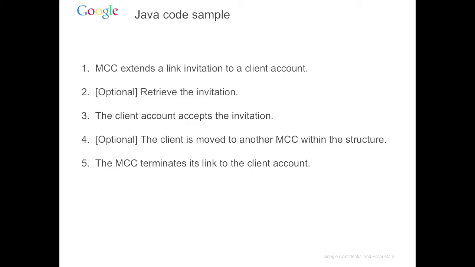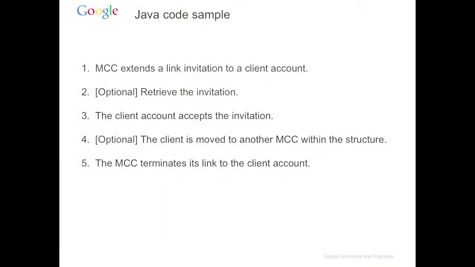So you extend your invitation. Optionally, either you or the client could retrieve this invitation. For example, maybe you're doing some maintenance and you're trying to say, okay, which of my MCCs have pending invitations that have never been checked? You can use this to quickly check your invitations to see what's out there. The client account then accepts the invitation. Okay, now you have an active link.